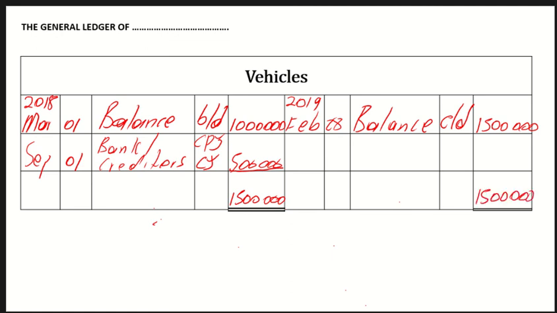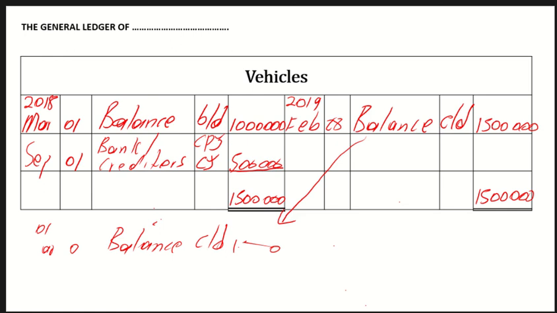And we're going to have March. So there's no place. I know, please create it. It's the first, and then you're going to have balance, 2019, carry down, and the amount will be 1,500,000. 1st of March 2019.